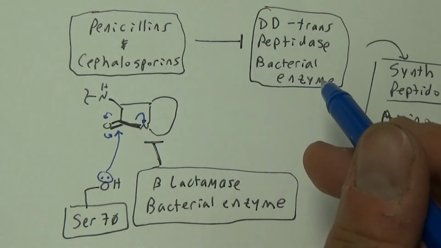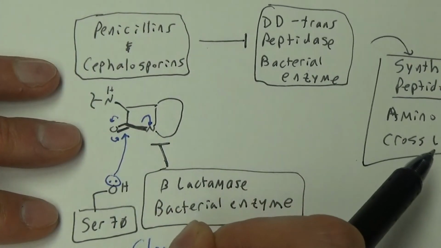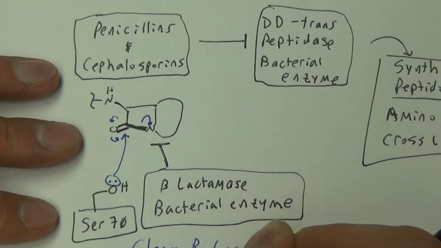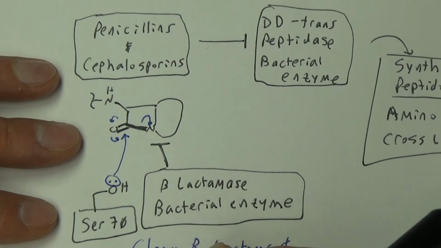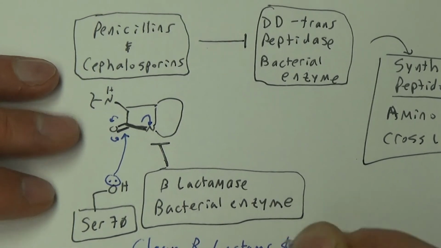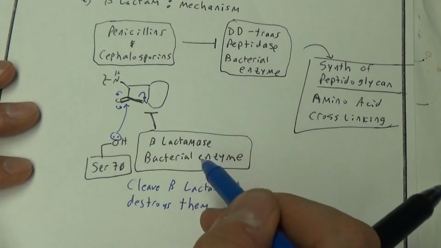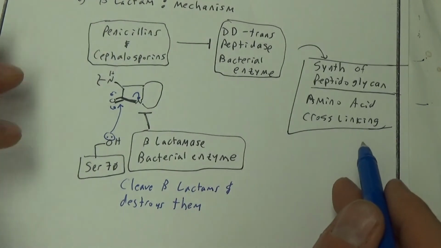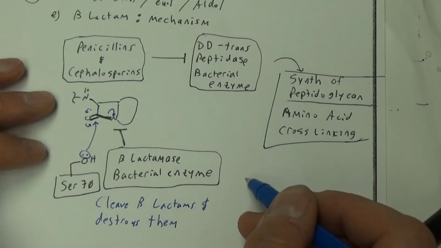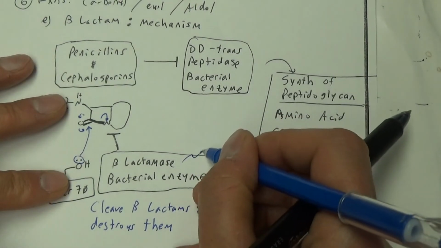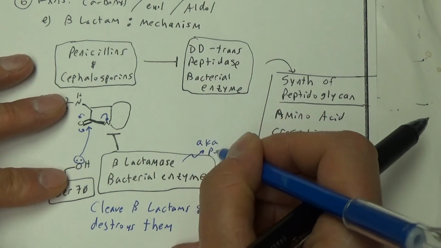So when that happens, it cleaves the beta-lactams and destroys them. And that's really horrible if you're trying to treat a bacterial infection, right? You're doing one thing, and then the bacteria is doing something else as a drug resistance mechanism. Another name for this beta-lactamase, aka, it's called penicillinase.